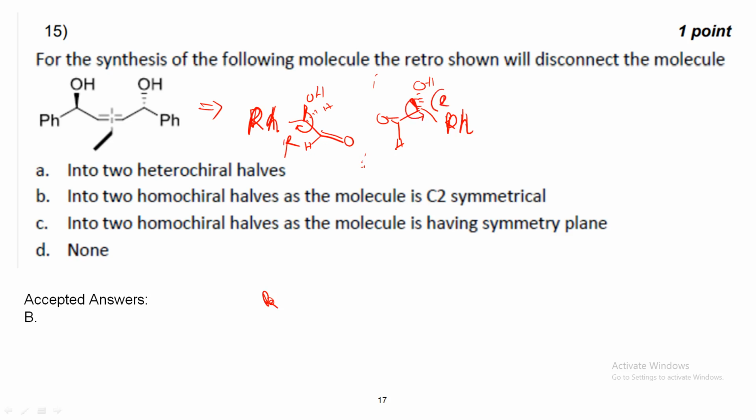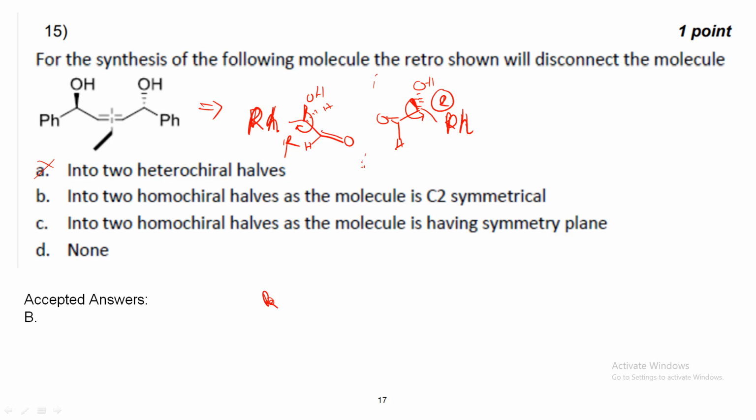It is also R. So we are generating just two homomers actually. They are not heterochiral. They are just homomers. These are two homochiral molecules because both configurations are R.